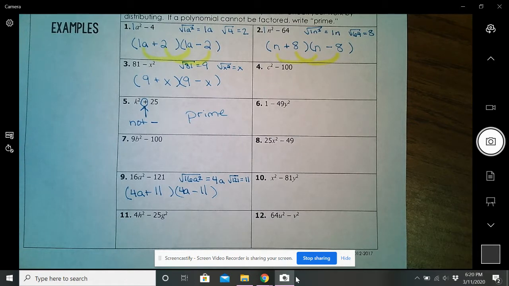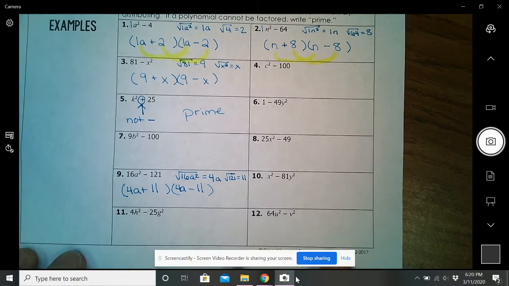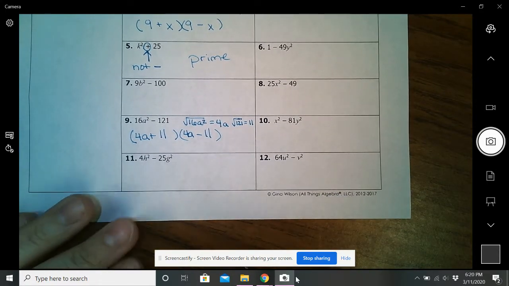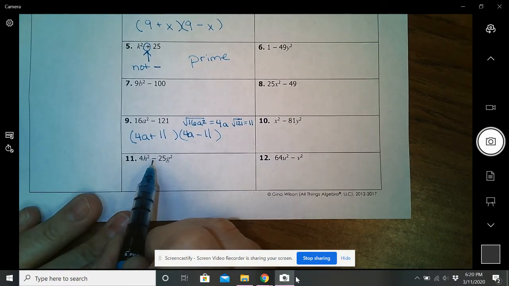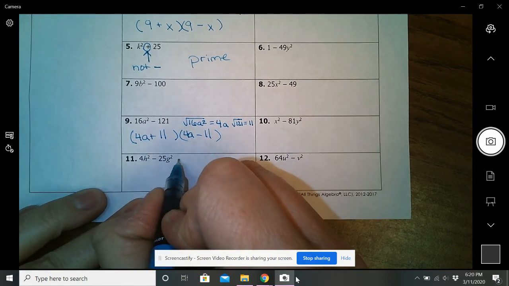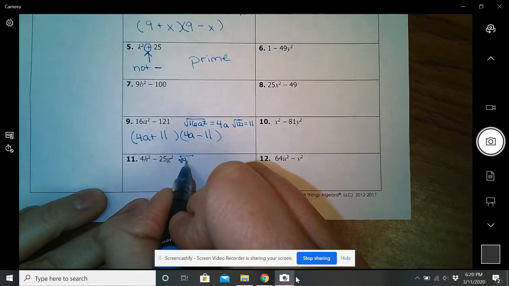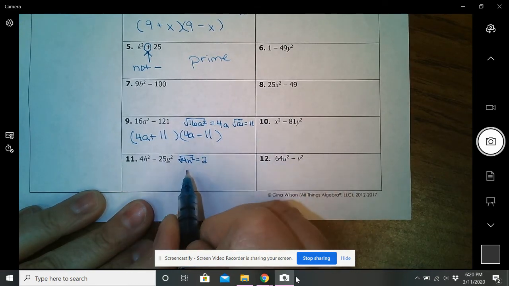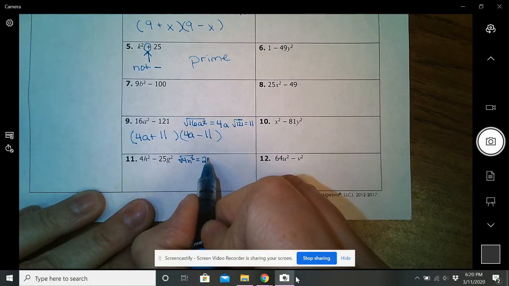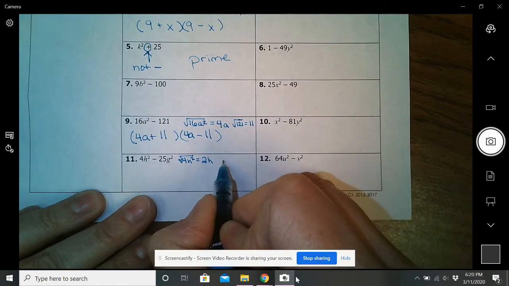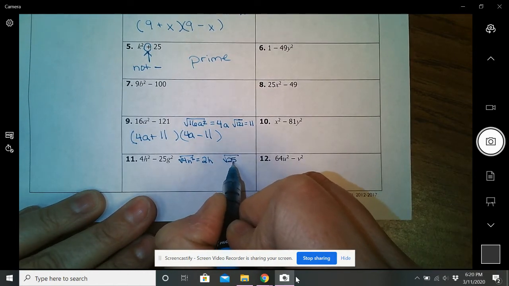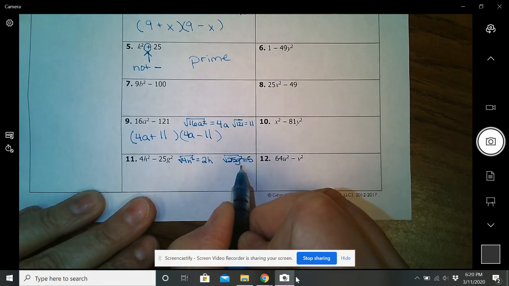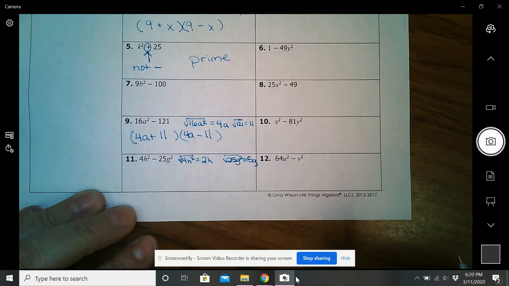Okay. One more on the front here. What do we do if there is more than one variable in the problem? So check out number 11. All right, first of all, it's a minus. That's good. And let's take our square roots. The square root of 4h squared: square root of 4 is 2, and square root of h squared is just h. Square root of 25g squared: square root of 25 is 5, and square root of g squared is g.